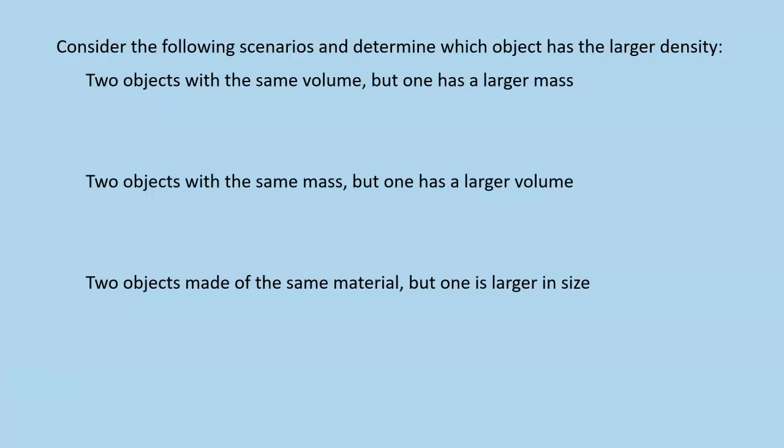Okay, last example. Consider the following scenarios and determine which object has the larger density. So these are conceptual questions. We've got two objects with the same volume, but one has a larger mass. So if we look at density 1 and density 2 of each one of the objects, they have the same volume.